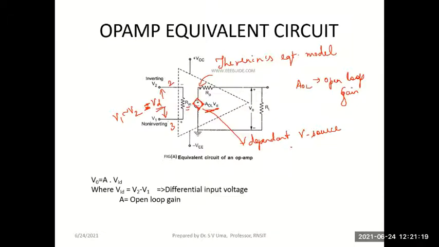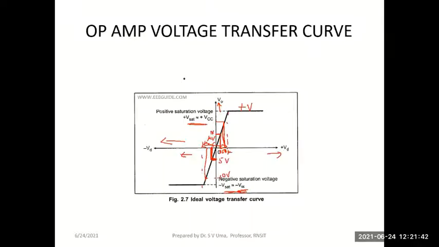And in a Thevenin's equivalent, we know we should always have a resistance in series with a voltage source. This resistance represents the output resistance of the operational amplifier. And RL here is the load resistance. As usual, we have the negative power supply at pin 4 and the positive power supply plus VCC at pin 7.